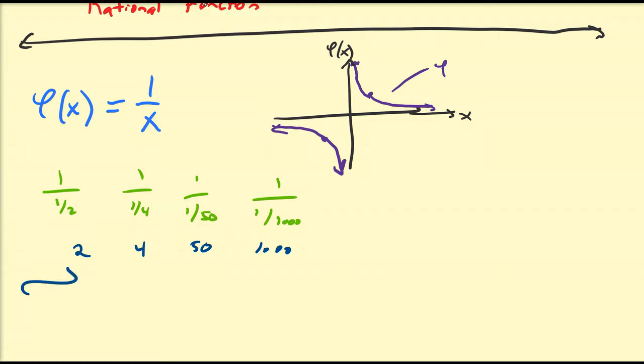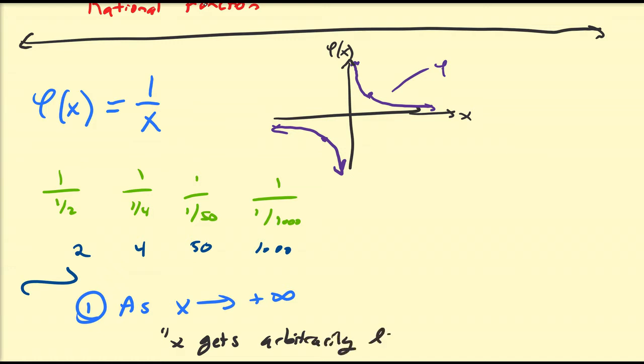All right, so let's write down a couple properties that we used to construct this graph, because all of these are going to be really important later on. The first property: as x gets closer to positive infinity, and keep in mind positive infinity is not a number, it just means as x gets arbitrarily large, the value of phi of x is going to get closer and closer to 0, right?